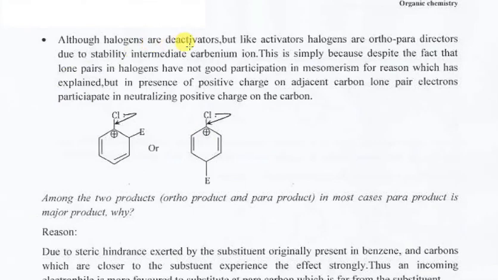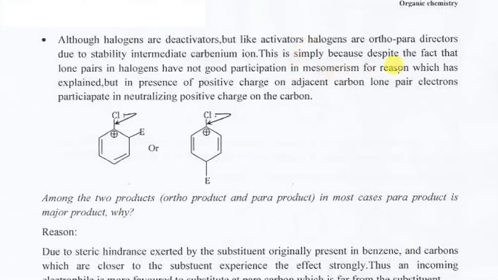Although halogens are deactivators, but like activators, halogens are ortho para director. Hiki ndo moja kati ya kitu ambacho kinawachanganya most of students, lakini ni kitu cha kawaida kwamba halogens zenyewe ni ortho para director hata kama zenyewe ni weakly deactivators.